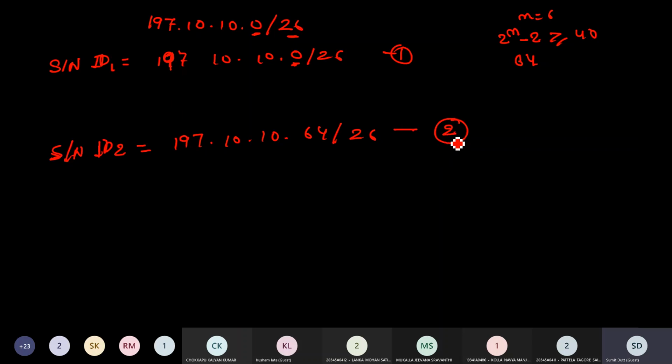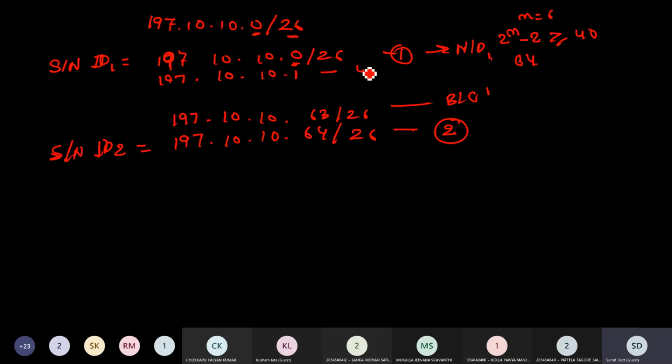The last IP address of this subnet, the first subnet, will be 197.10.10.63 /26. So this is my network ID and this is my broadcast ID. And if this is the network ID, then the first user will be 197.10.10.1.